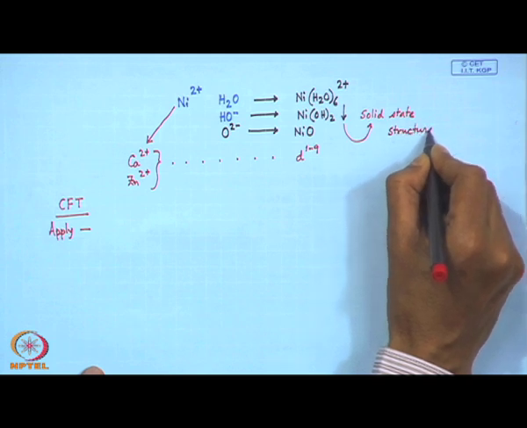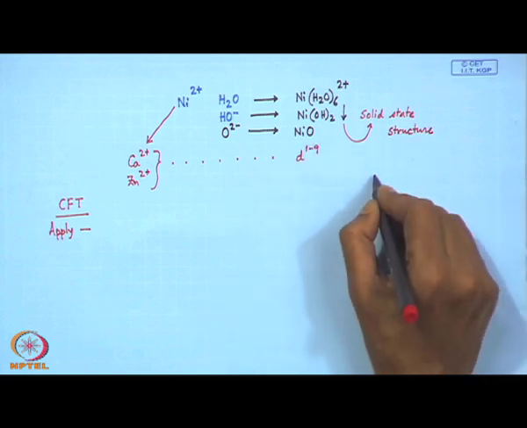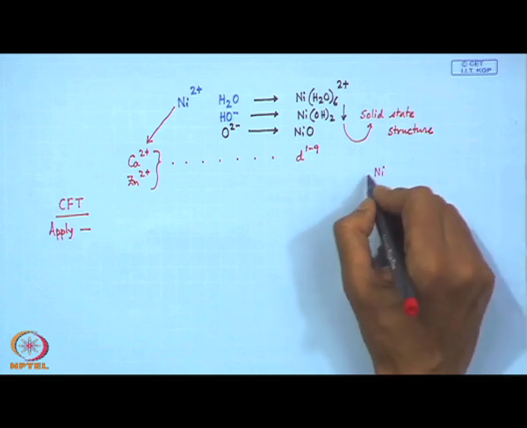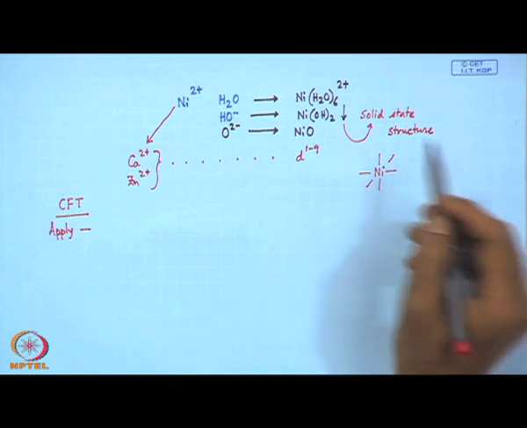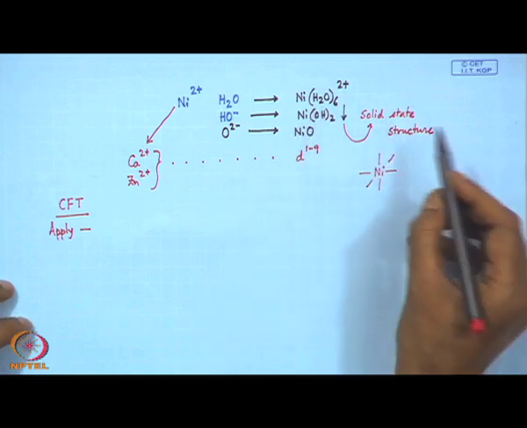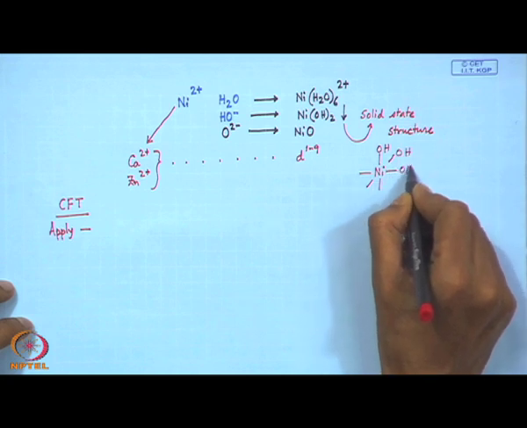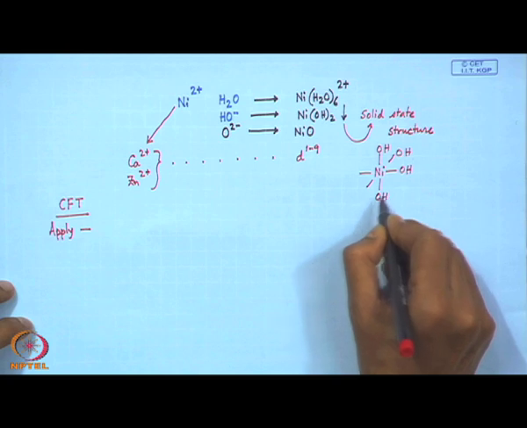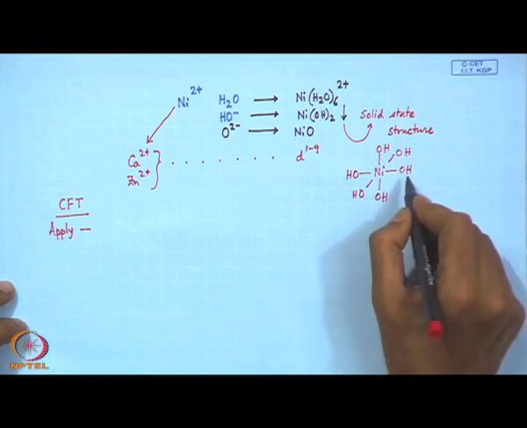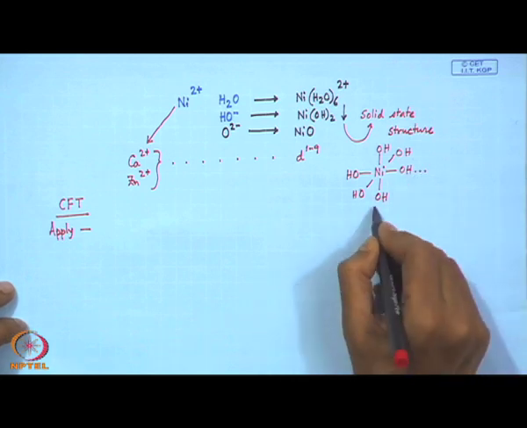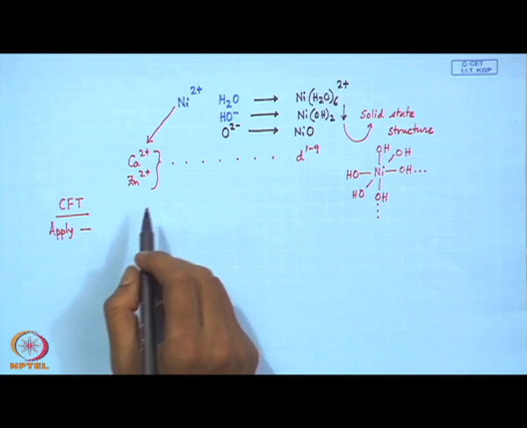So, both nickel hydroxide and nickel oxide can have a solid state structure, where we will see how this nickel is sitting, whether it is in some octahedral crystal field like that of our hexaaqua nickel 2 ion or in some other form where these ligands have been changed from water to hydroxide ion, or they are forming some polymeric species where this OH group can form a bridging interaction with the second metal center.